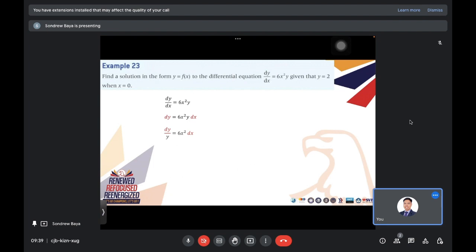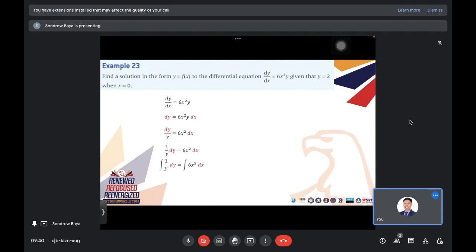Just to manipulate it further, we can write it as 1 over y dy is equal to 6x squared dx. So this is by algebraic manipulation. We are not doing any integration yet. As soon as we arrive at this form wherein they're now appropriate, the y function is now with dy and the x function is now with dx, then we can proceed at getting their integral like this.